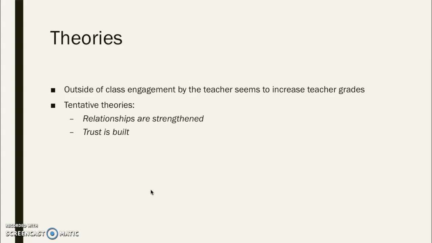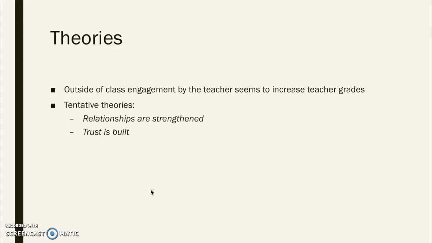My teacher doesn't just care about me for what I can do for them. My teacher's here at my baseball game cheering me on. My teacher is willing to take time out of their afternoon to participate in this club with me, or whatever. That relationship is strengthened, and that is theorized to increase student grades.